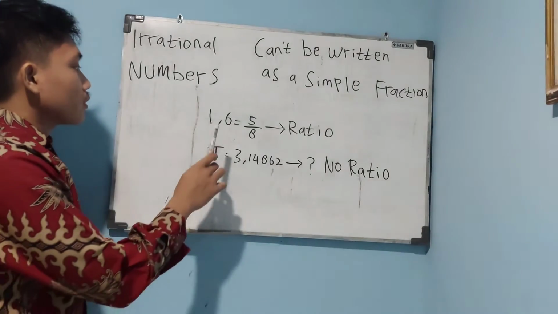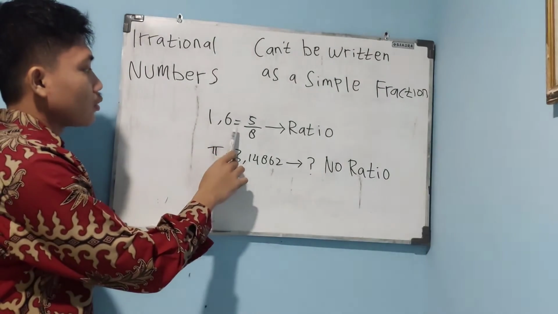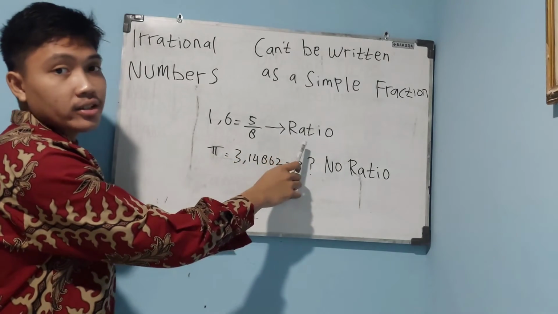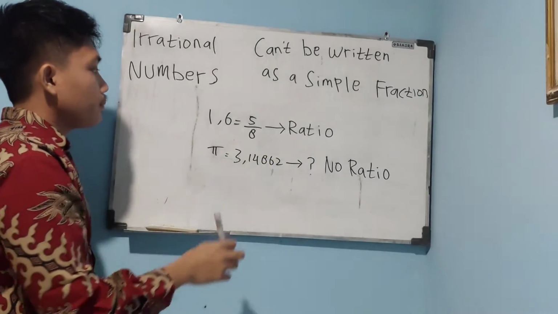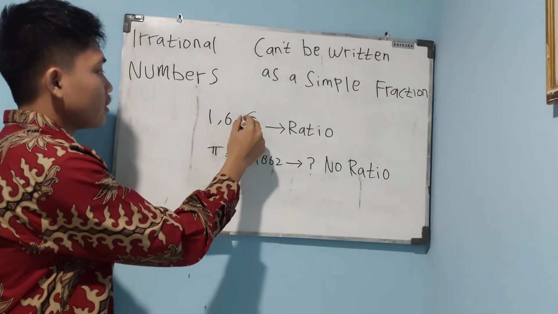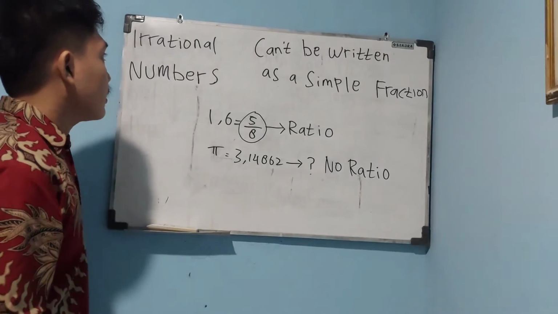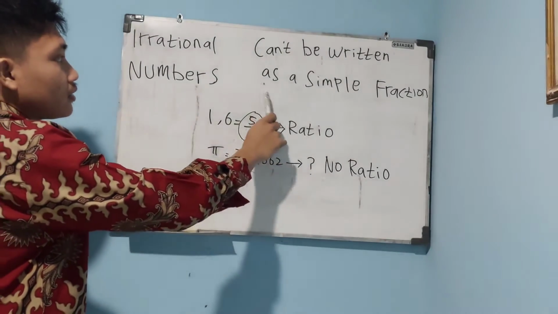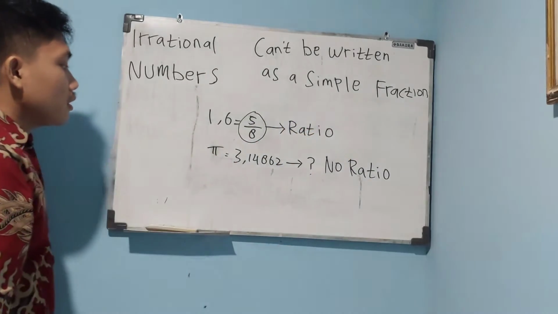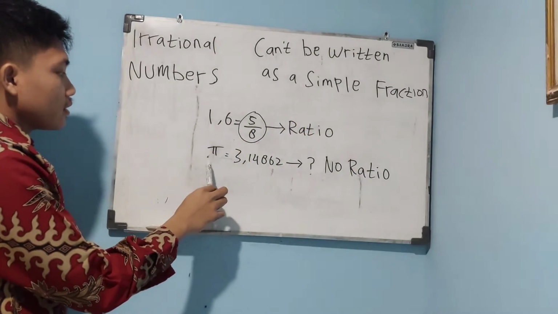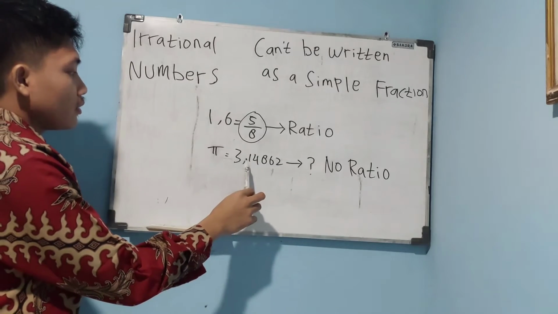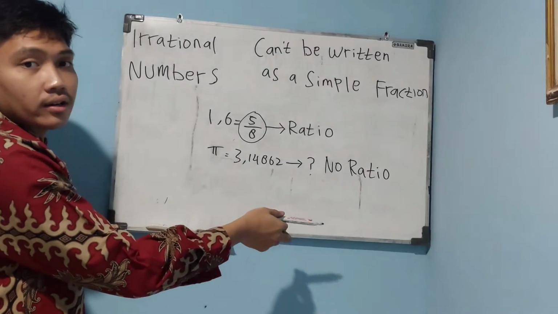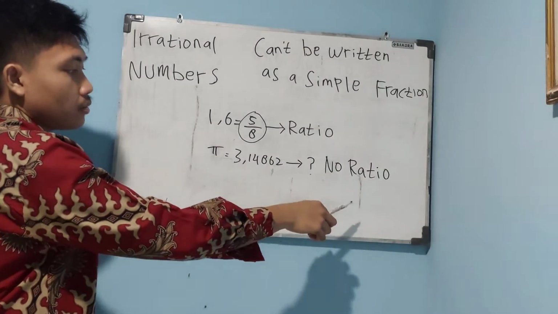For example, 1.6 equals 8/5, and it has a ratio, right? So it is a rational number. But irrational numbers have no ratio and are not a simple fraction. So we have pi, 3.14862, and there is no exact answer because it has no ratio.